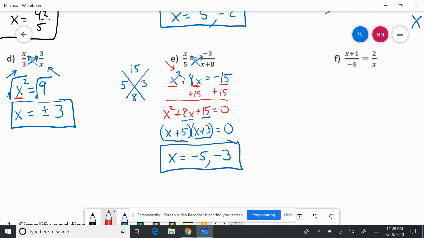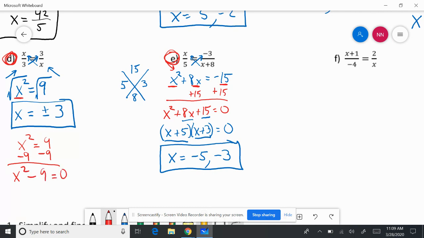Now, some of you might be saying, well, I'm confused because this one's a quadratic and we did something different. Well, you could actually solve letter D the same way that we solved letter E. We could have taken the x squared equals 9 and set it equal to 0 also, and we would have gotten x squared minus 9 equals 0.